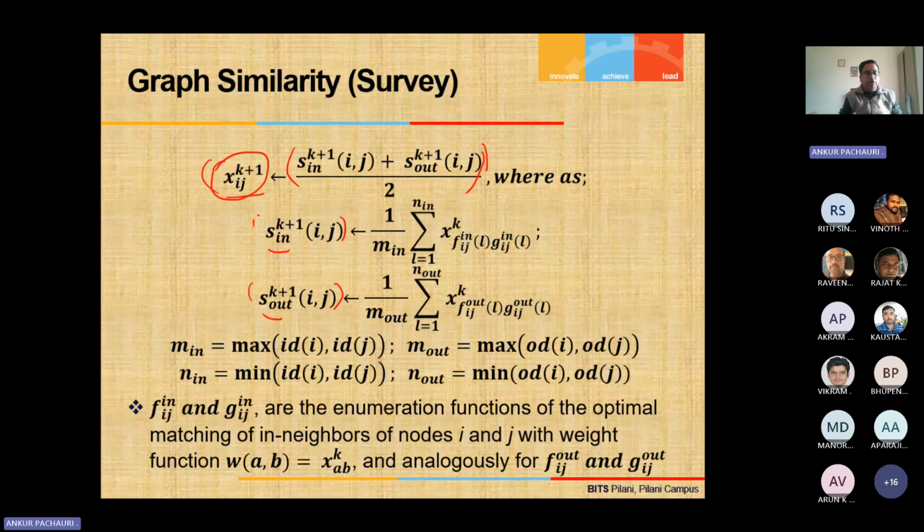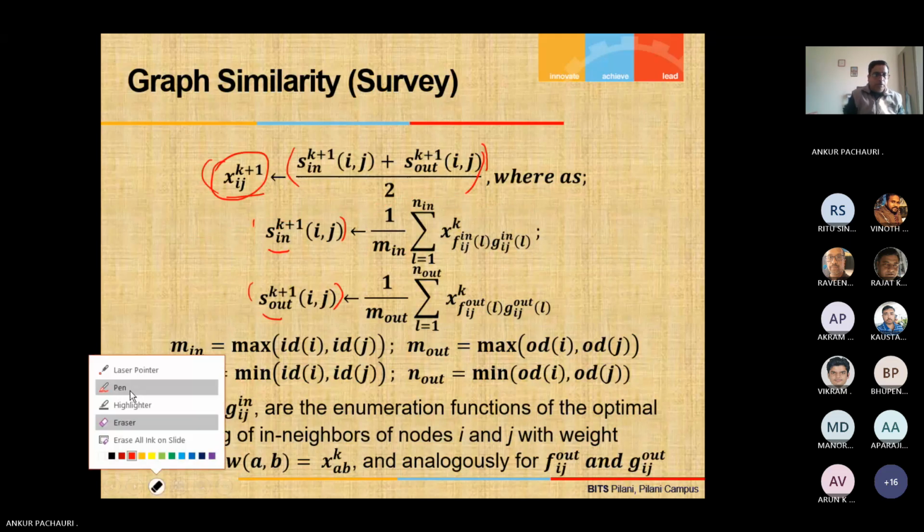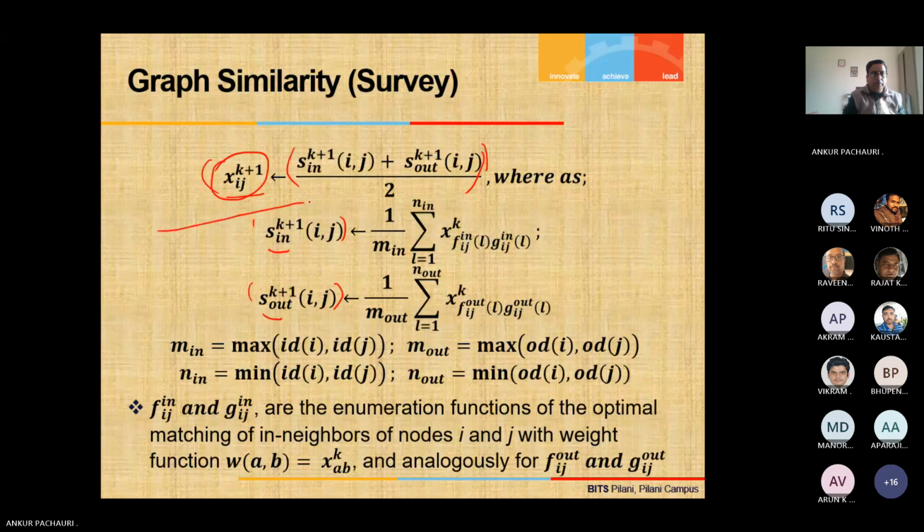Now let us come back to how he computed the incoming neighbor similarity and outgoing neighbor similarity. For the in-neighbor similarity, he normalized by 1 over some factor.